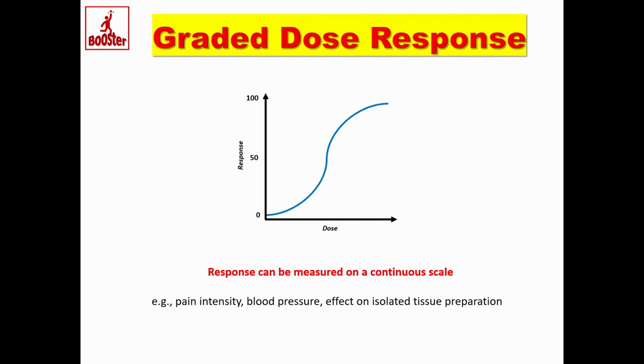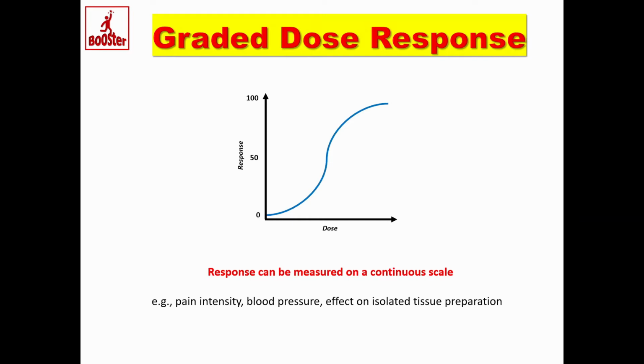I'm sure that if you have been in any pharmacology lab, you might have seen an isolated tissue preparation where you're increasing the dose and looking at contraction. So you're assessing how the response changes in relationship with the increasing dose. That data would be plotted as a graded dose response curve.